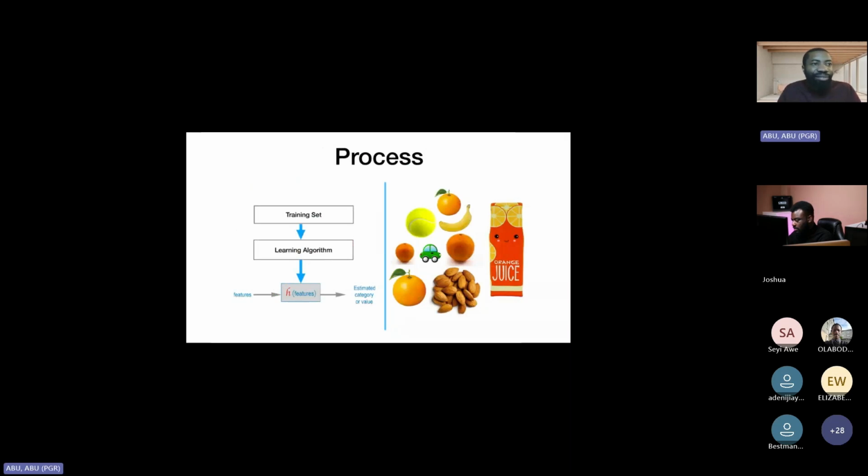This is the process of machine learning. You have a training set, what you use to teach the computer. Let's say in a categorization problem or a classification problem, you have the training set, which is composed of the inputs and the outputs, and you're presenting that to the computer to work out a hypothesis or a guess for you.